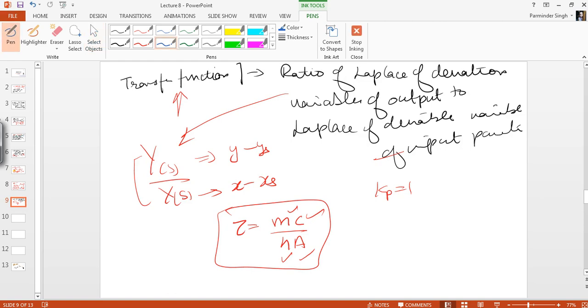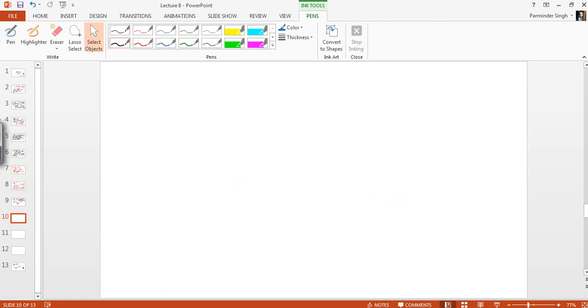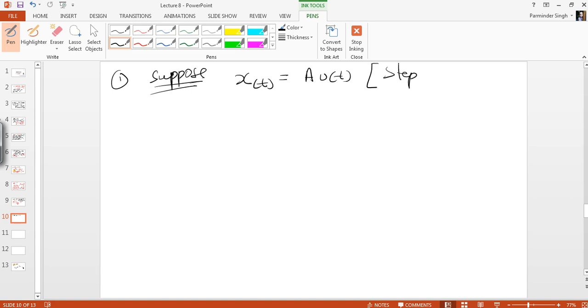Further, now let's see how the surrounding temperature changes. Now suppose my surrounding temperature varies by this variable. This is called step function.